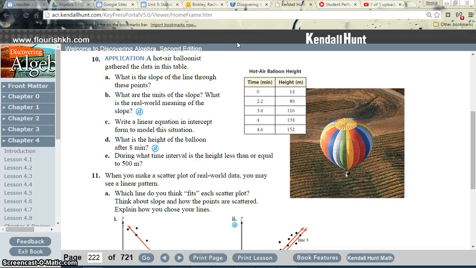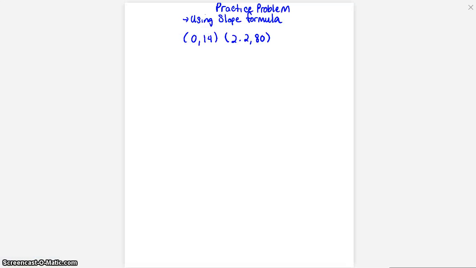And then I'm also going to write down the point 2.2, comma, 80. So I'm going to switch over to where I just wrote those down. And we're going to use what we just used, which was the slope formula. Okay, so I'm gonna label these x1, y1.